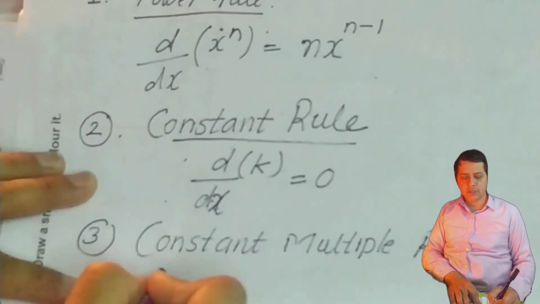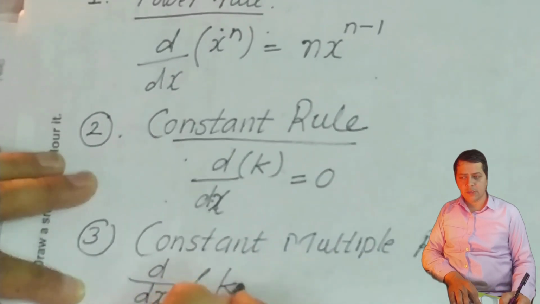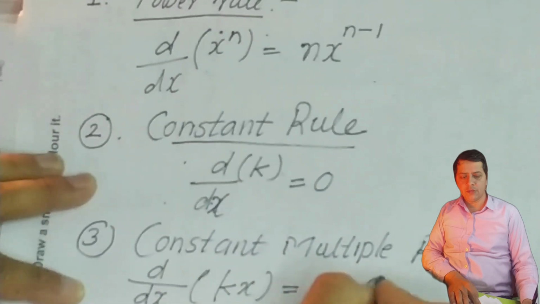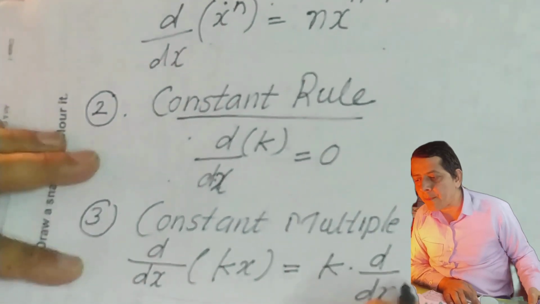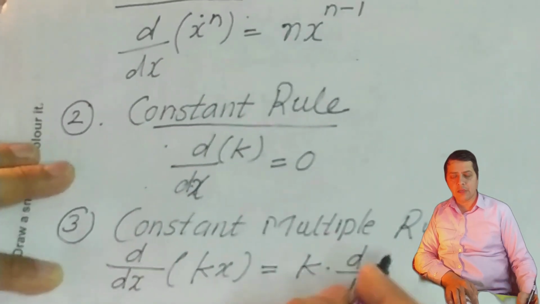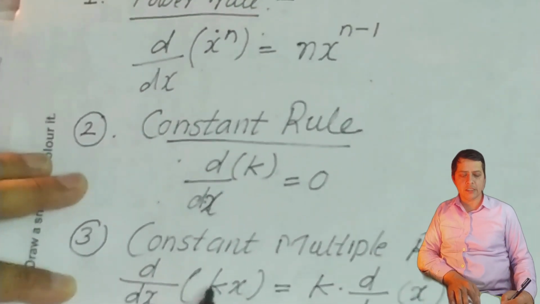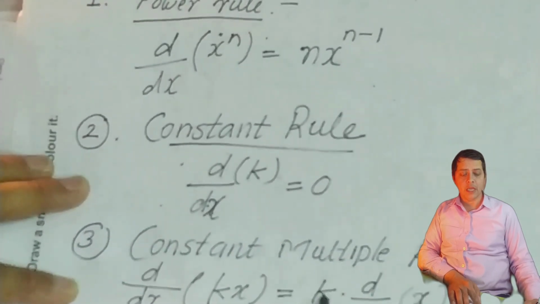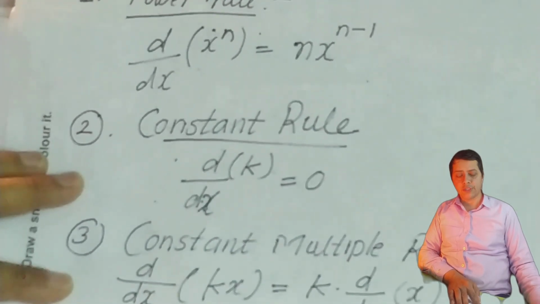So what does the constant multiple rule do? d by dx into kx is equal to k into d by dx, here if this is kx, then we can go for x again. So it's d by dx into kx in brackets is equal to k into d by dx into x. So I hope I'm clear with constant multiple rule.